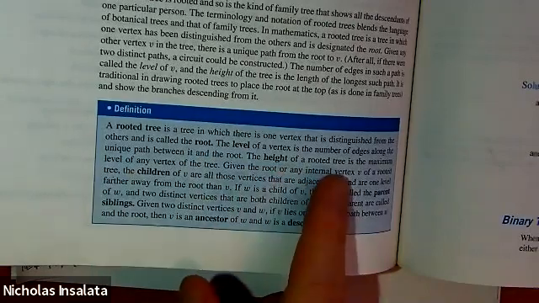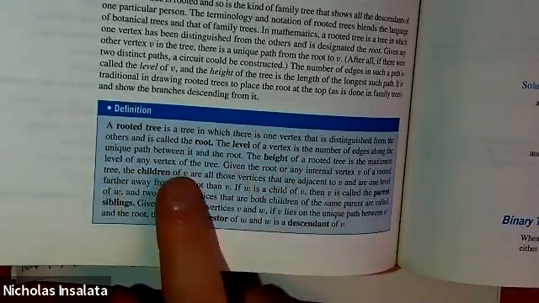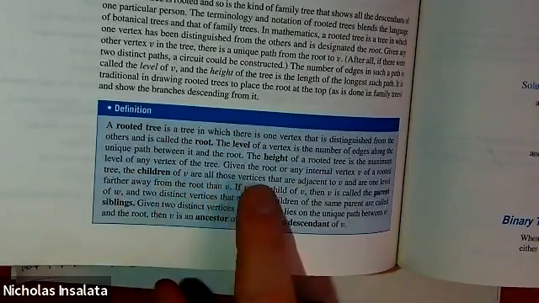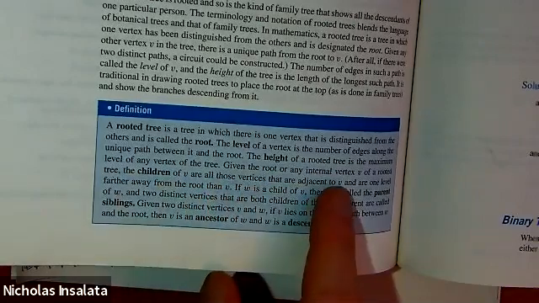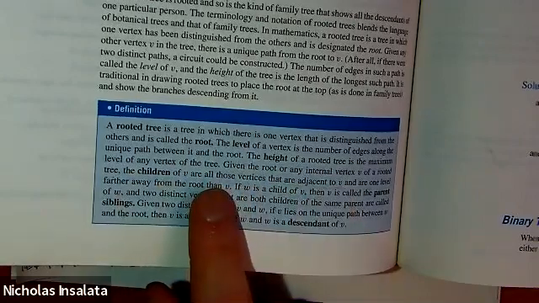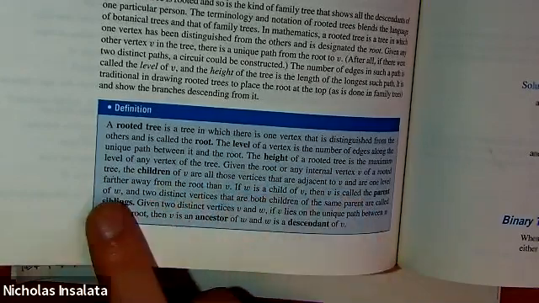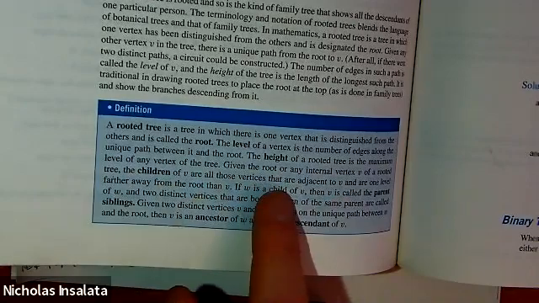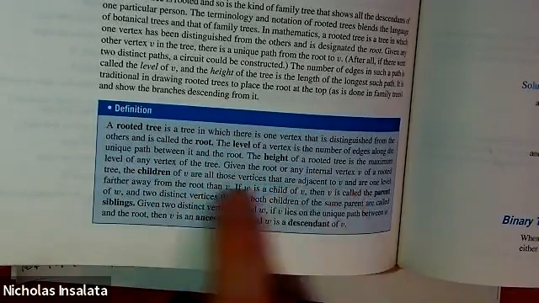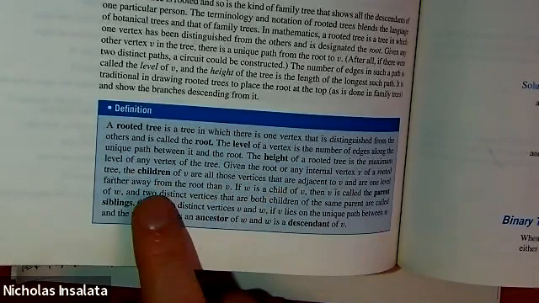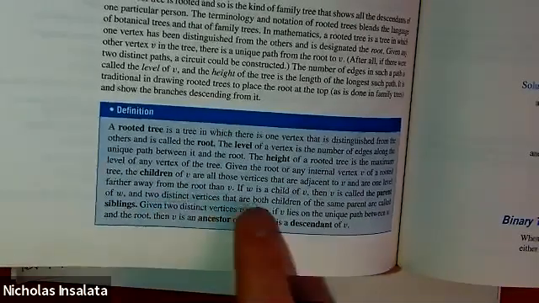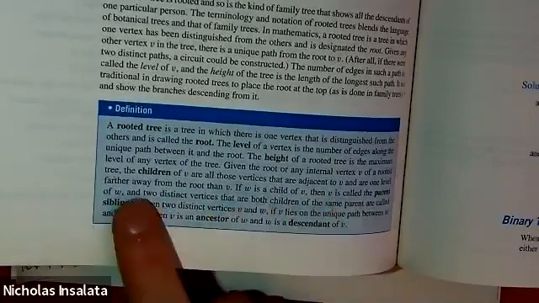But first, in general, a rooted tree is a tree in which one vertex is distinguished from the others, called the root. The level of a vertex is the number of edges between it and the root. The height of the tree is the maximum level of any vertex. Given the root and an internal vertex, the children of V are those vertices that are adjacent to V and one level farther from the root. If W is a child of V, V is called the parent of W. So you have a parent on top and a child on the bottom of the tree, getting farther from the root. Two distinct vertices that are both children of the same parent are called siblings.